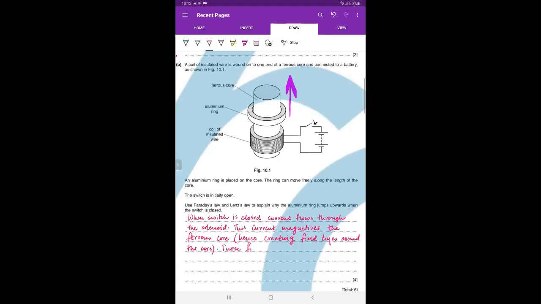These field lines cut with the solenoid, inducing e.m.f. So far I have only written the wording of Faraday's law.